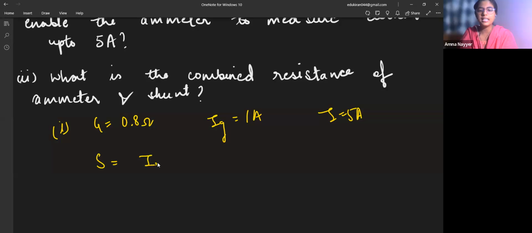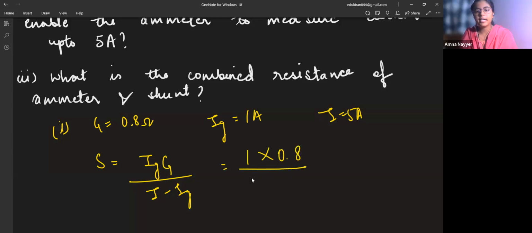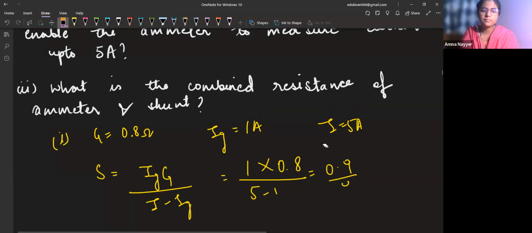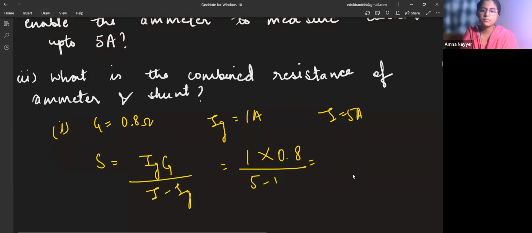So shunt is Ig into G divided by I minus Ig. 1 into 0.8 divided by 5 minus 1. So 0.8 divided by 4, that is 0.2 ohms.